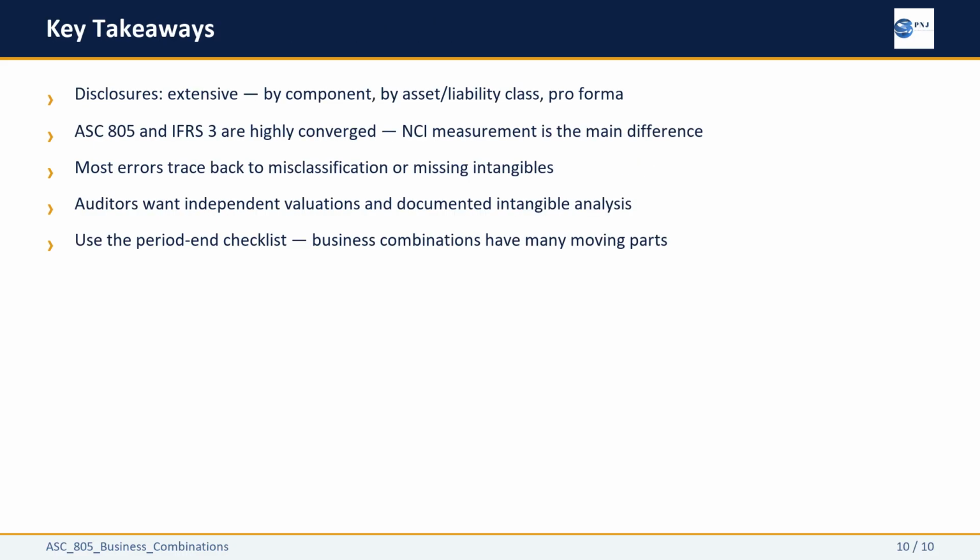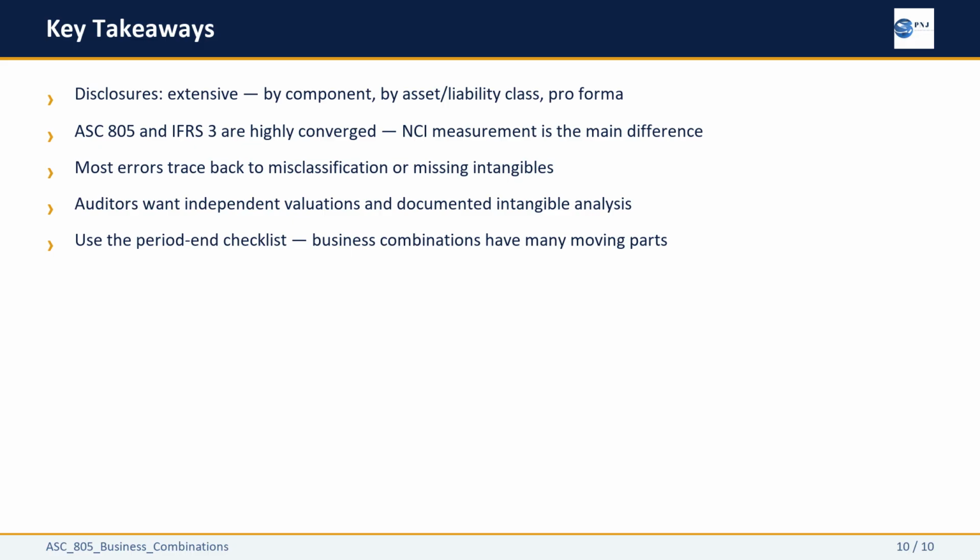The disclosure requirements for a significant acquisition are extensive. Investors, analysts, and auditors all rely on them to understand the economics of the transaction. ASC 805 and IFRS 3 are closely aligned, but NCI measurement remains a meaningful difference in cross-border transactions. The most common errors in practice are avoidable.